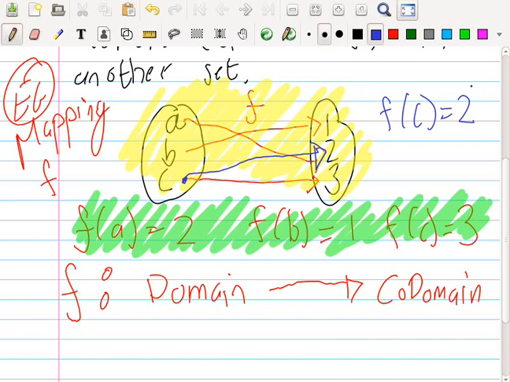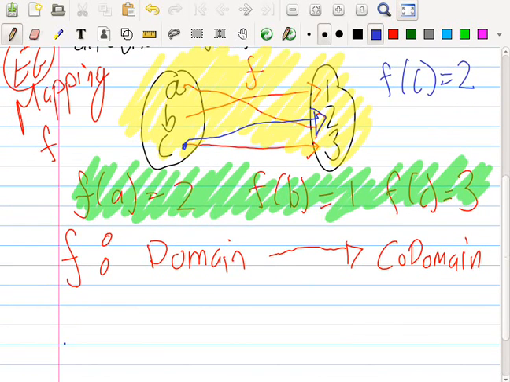Now that is weird because now you have two values for C. You could have F of C equals 2 or F of C equals 3. But that's really weird. You cannot do this with a function. This is not allowed.